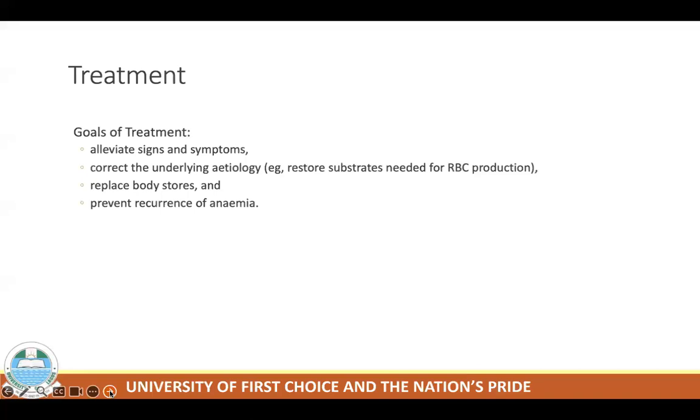Replace body stores. So as soon as the person begins to improve, it's not when you remove treatment, right? There's a scientific way to go about it where we know that the body's storage for ferritin or B12, the body storage of these essential substrates, has been replaced.